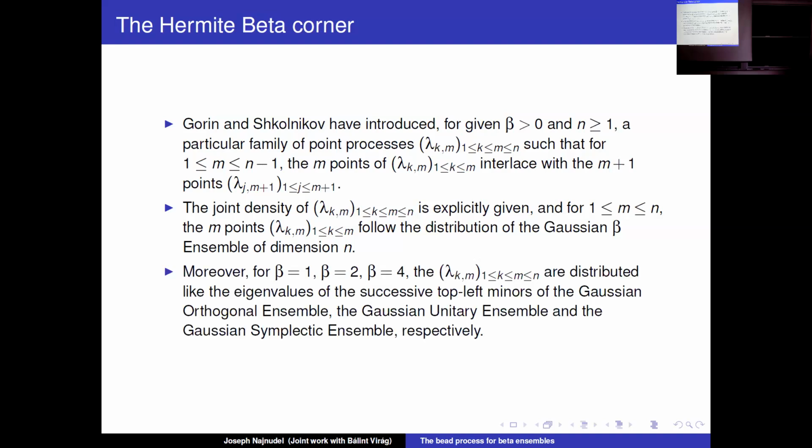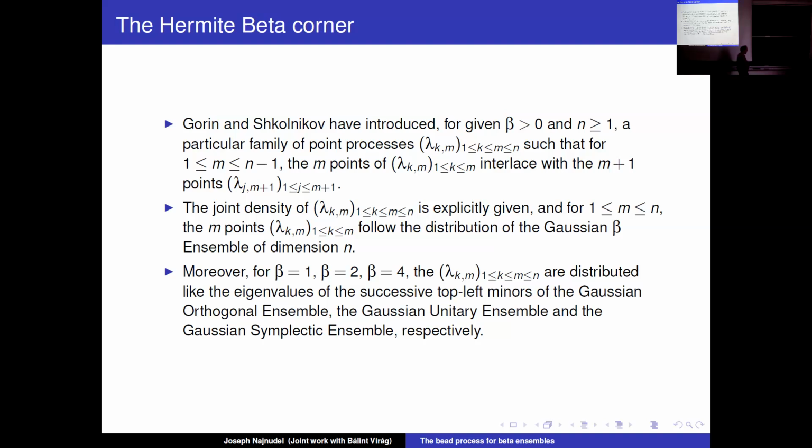So moreover, for beta equals 1, beta equals 2, beta equals 4, the points here are distributed like the eigenvalues of the successive top left minors of the Gaussian orthogonal ensemble, Gaussian unitary ensemble, and Gaussian symplectic ensemble, respectively.